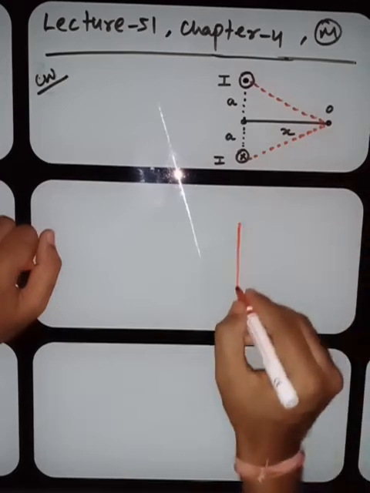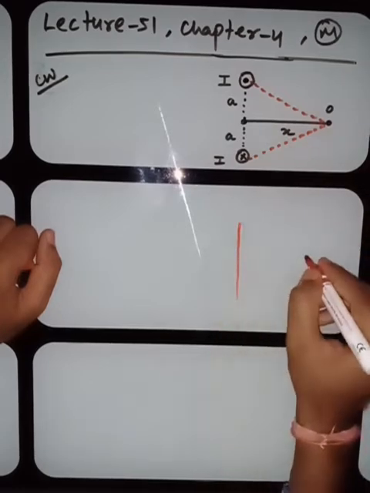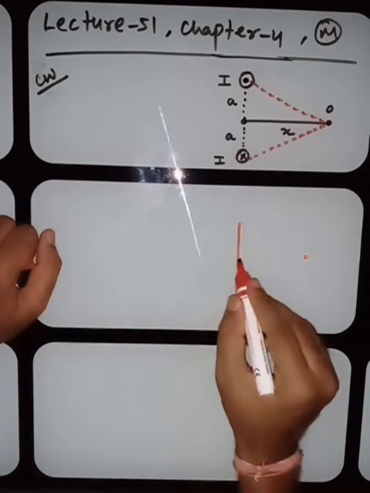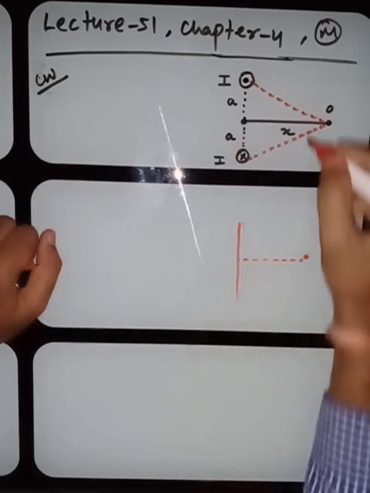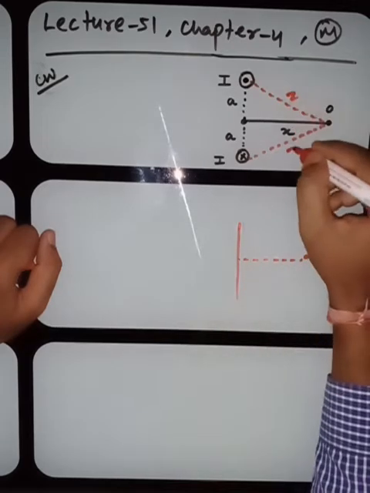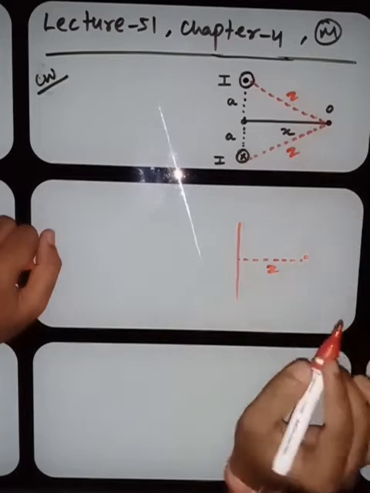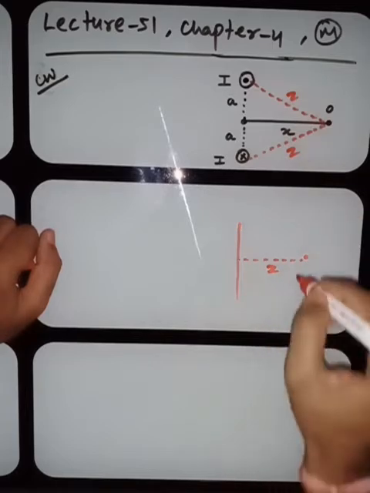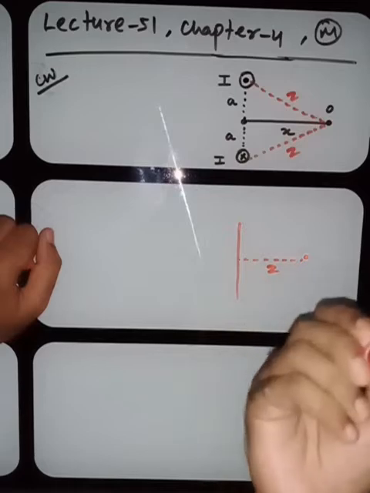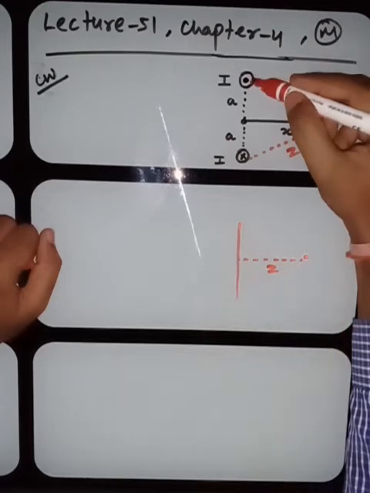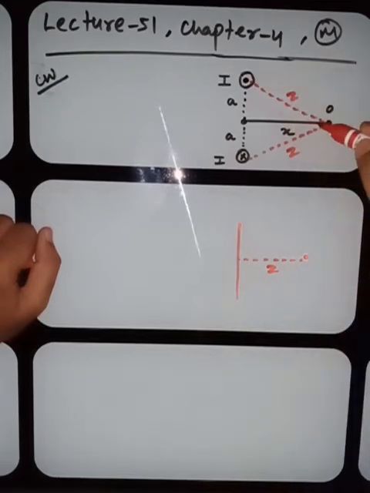We know that if this is the conductor, my dear students, and we wish to find the magnetic field over here, and this is the distance, this is Z. The magnetic field must be perpendicular, either downward or upward. It means due to this conductor, the magnetic field will be perpendicular to this line.